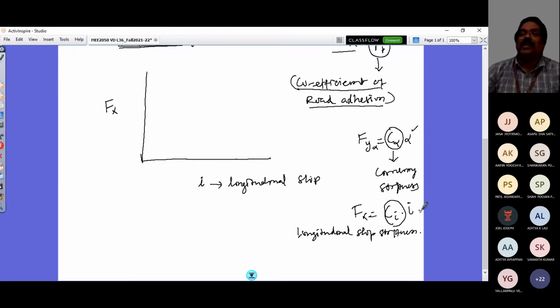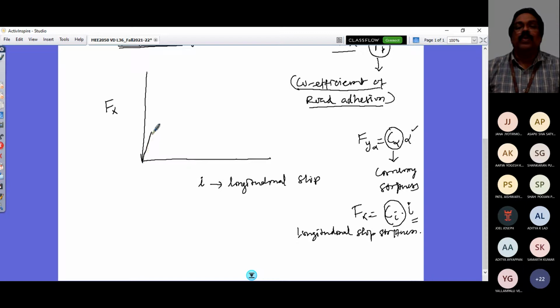We will define that longitudinal slip later on. At the moment, you don't worry. For today's class, I will just explain according to the requirement. At the moment, you just see that there is something called longitudinal slip, and that is what creates the necessary tractive force.